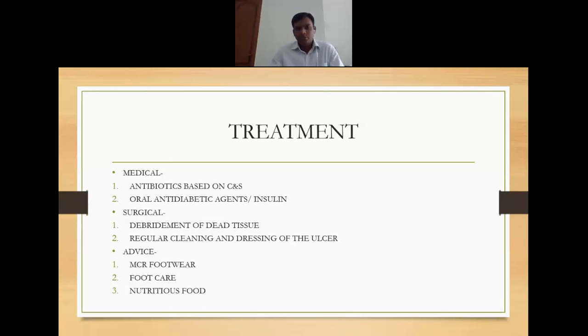Here it is a third toe. If you take off a finger, there will be a lot of changes. If you take off one toe, there is not much change suffered by the patient. So if it is not healing and hindering his walk because it is involving the sole, in spite of your best treatment it is not healing and it is spreading, then you will do a ray amputation.